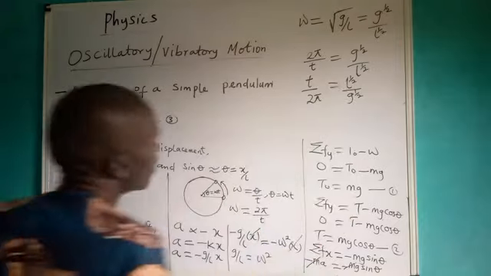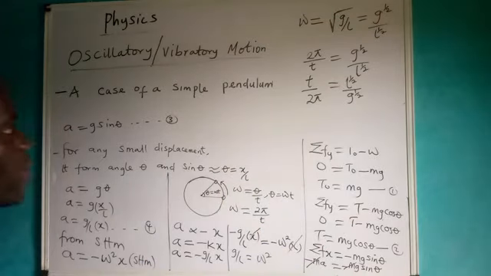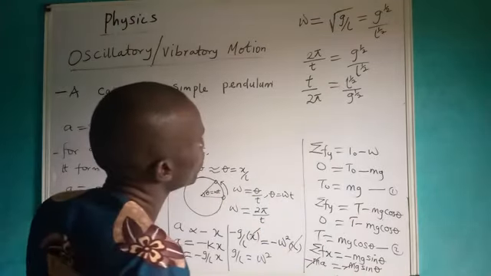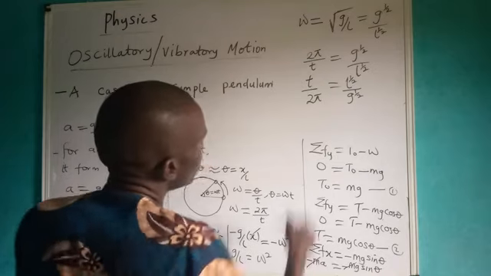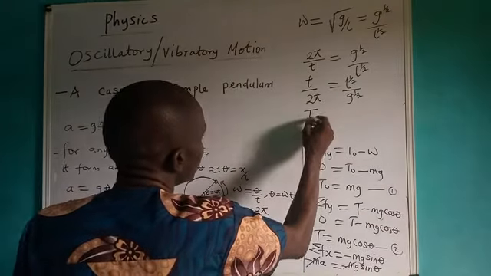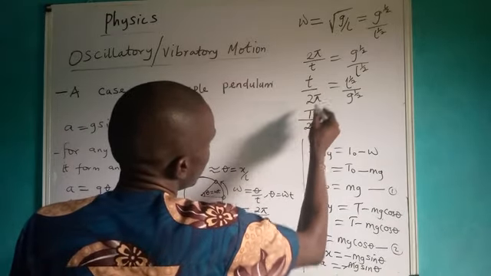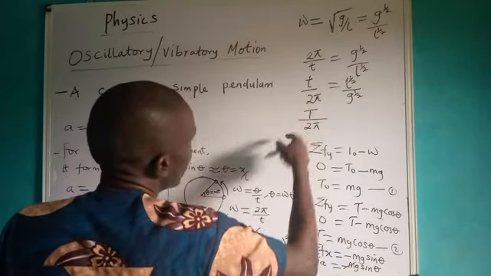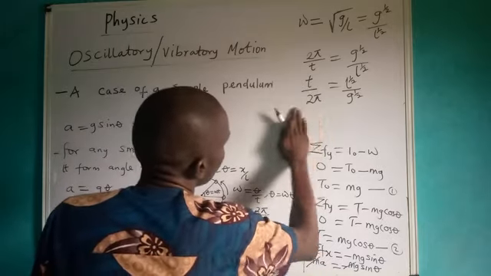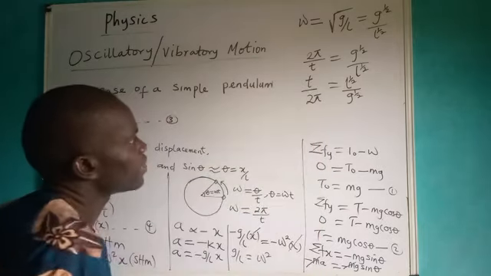Now I will change the small t to the capital letter T, the period. This one will become 2 pi. Now, I will multiply both sides by 2 pi.